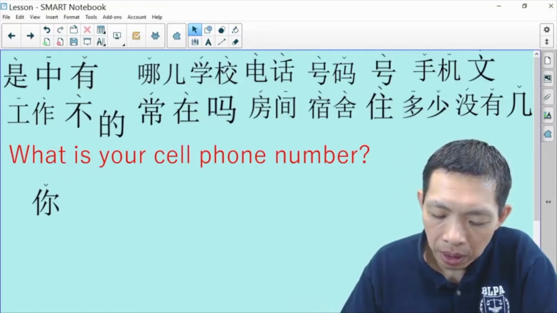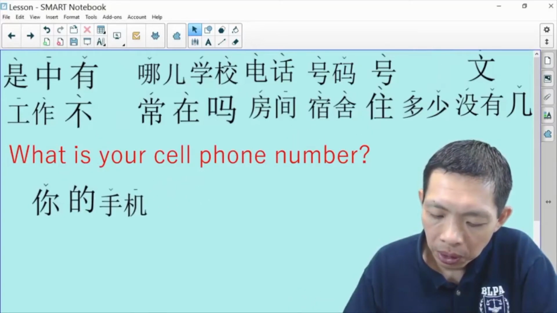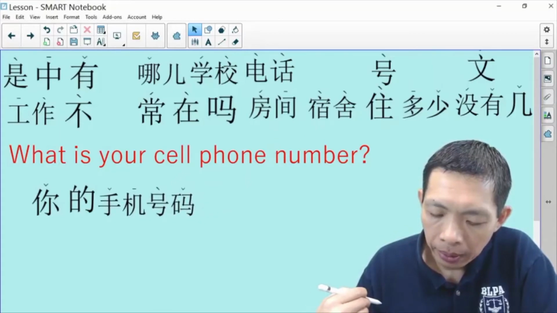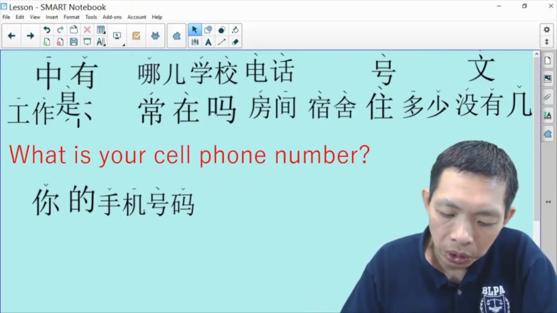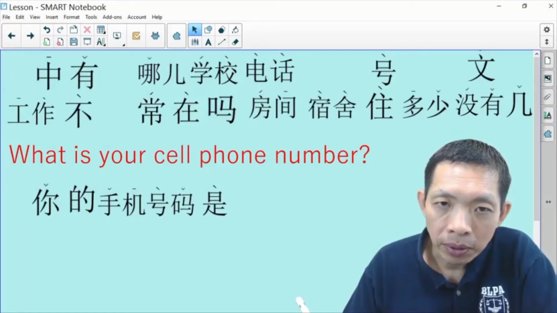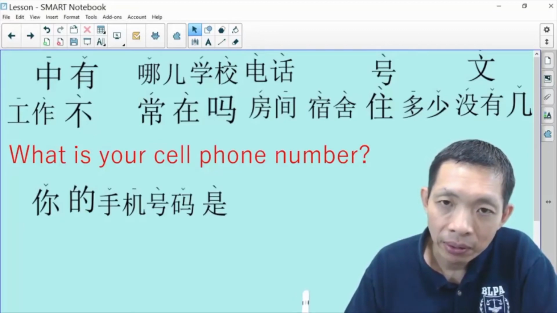So be 你的. Okay, cell phone, 手机, number, 号码, and then what's the verb? 是, right? And what's next? 什么 or 多少?